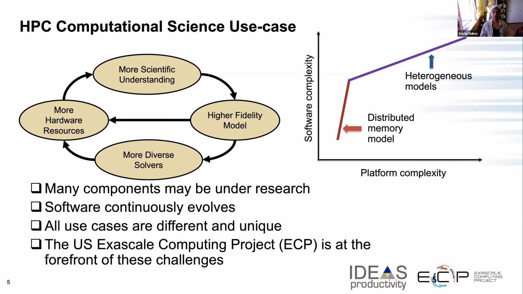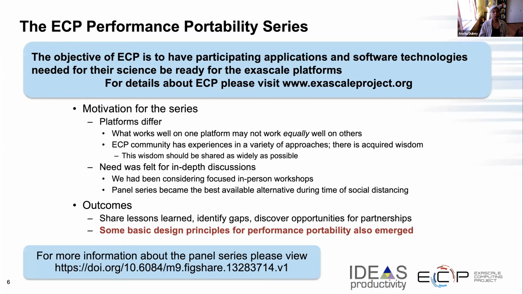So every time there is some customization needed, and that also keeps growing both the complexity and the size of the software. This has all been crystallized in the context of the US Exascale Computing Project, which is at the forefront of many of these challenges because the objective of the ECP is to have participating applications and software technologies needed for their science be ready for the exascale platforms.